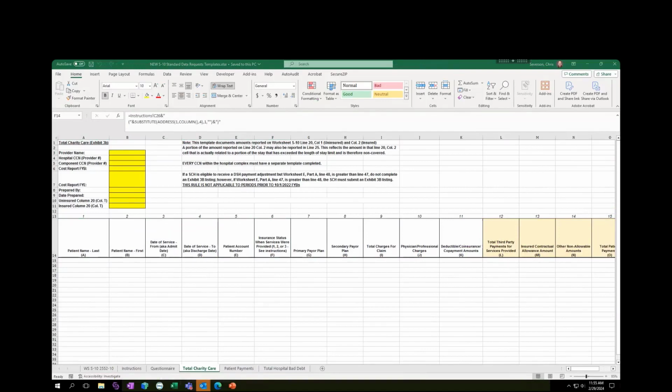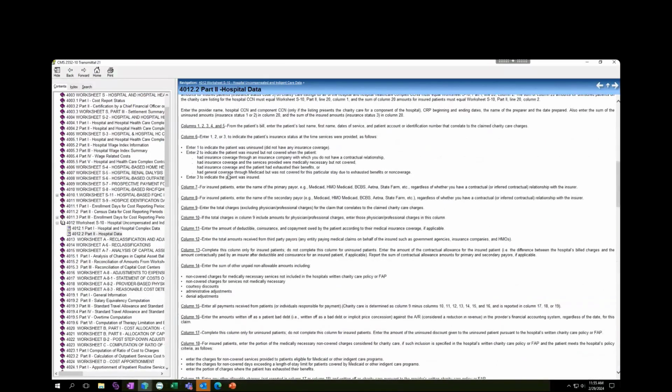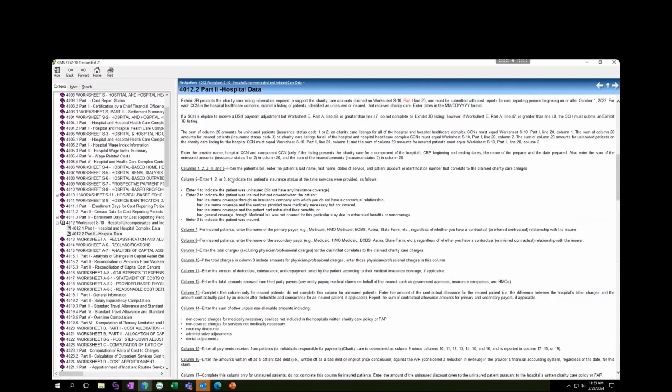So let's take a look at the instructions here. It's both for charity care and bad debt. 1 is when it's completely uninsured, no insurance coverage at all. 3 is when there's a full insurance. 2 is kind of the complex situation where maybe it was technically insured, but it wasn't covered because it didn't have a contractual relationship.